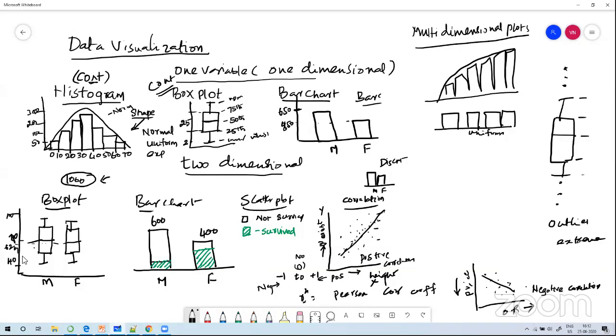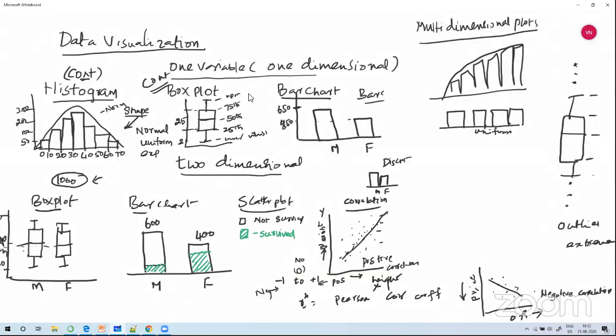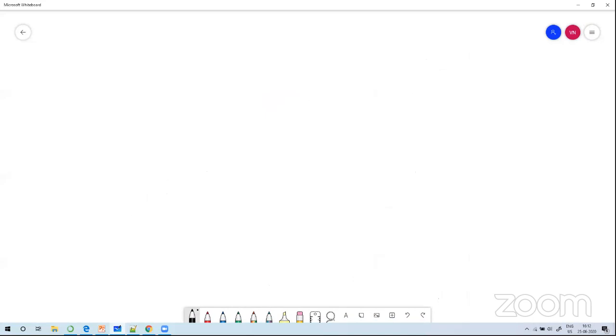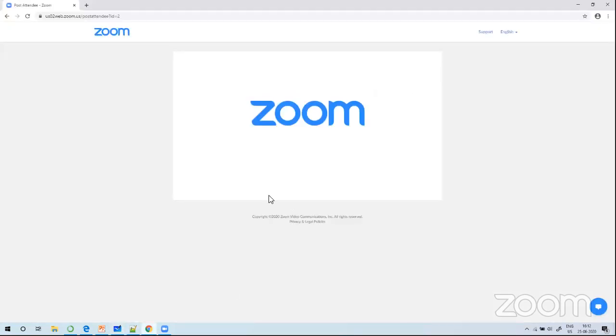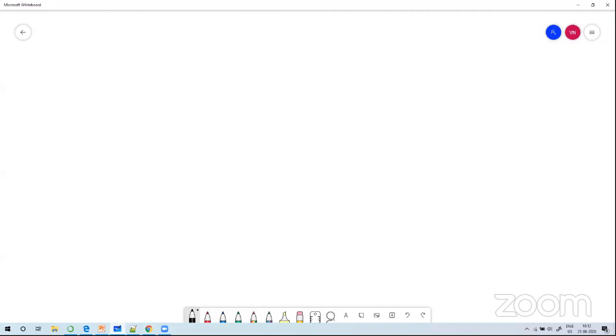Like gender versus weight. Weight is a continuous variable and gender is a discrete variable. Here loan duration is a continuous variable for us and default is a discrete. Now let's try to see how we can build that plot and what we understand from the plot.